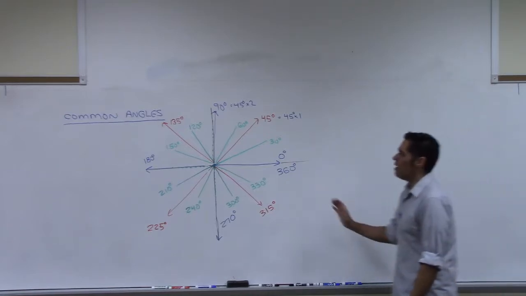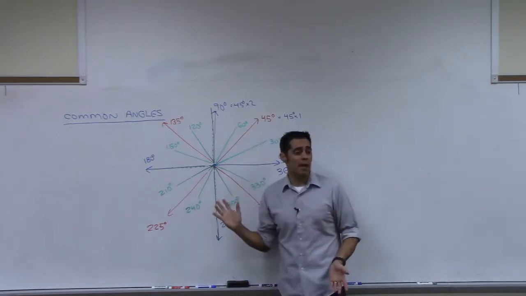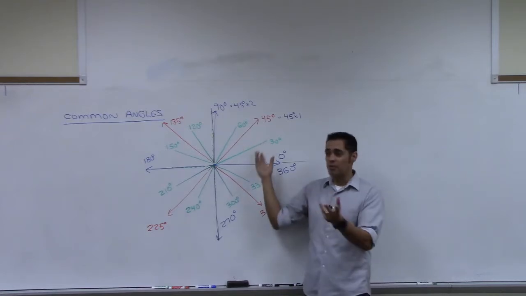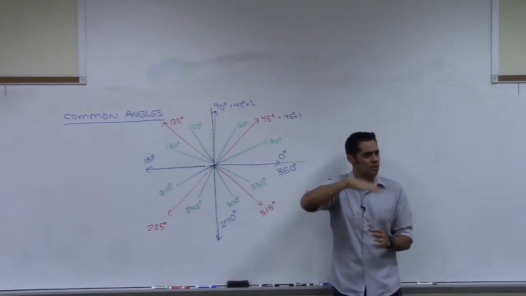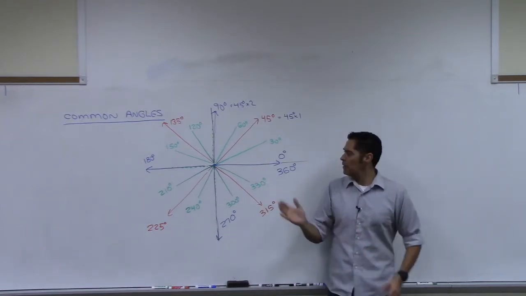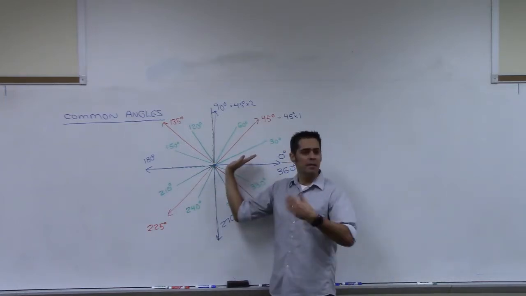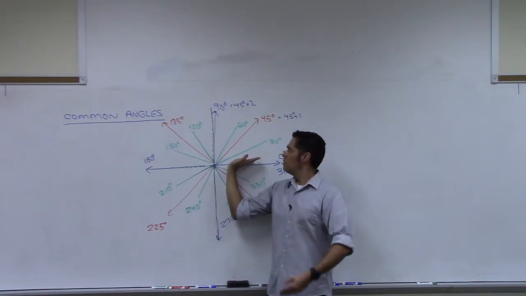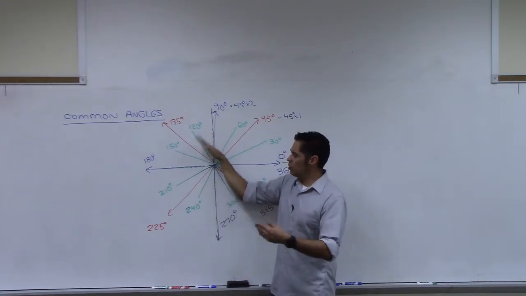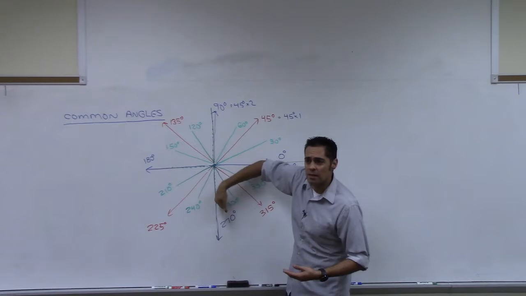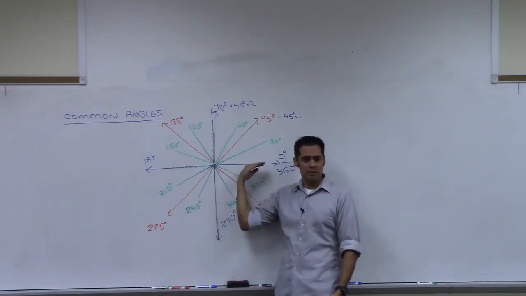Now the reason why I separated the green ones from the red ones and the blue ones is because, again, this whole idea of counting. If you want to move along the blue ones, you're just going to be adding multiples of 90. So this would be 90, 2 90s, 3 90s, 4 90s, right?